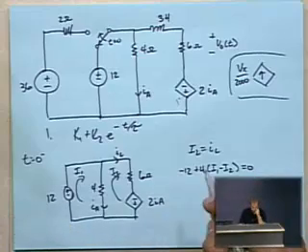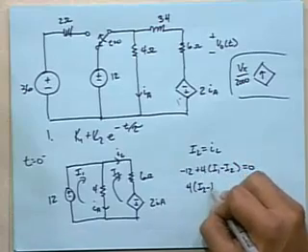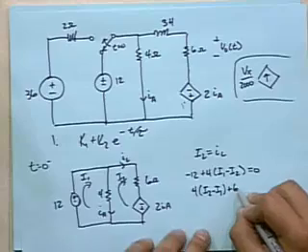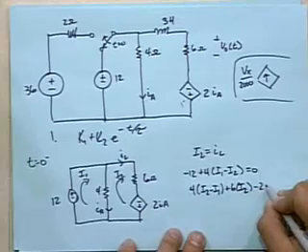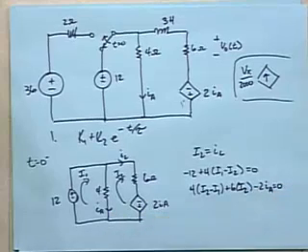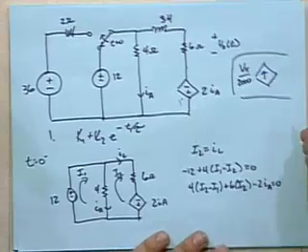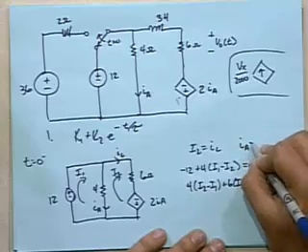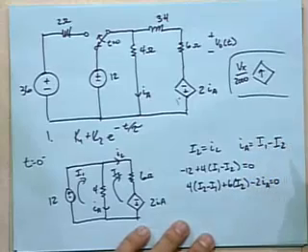And going around the second loop, we've got 4 times I2 minus I1, plus 6 I2, minus 2 I sub A equals 0. So we wrote the KVLs acting like that source was independent. Now we need to write something that qualifies IA as something that we can use. IA, in terms of other circuit parameters, is just I1 minus I2.